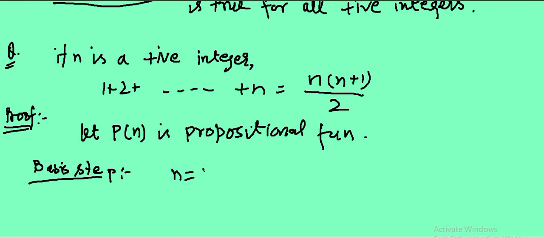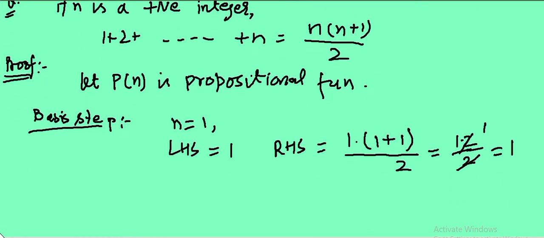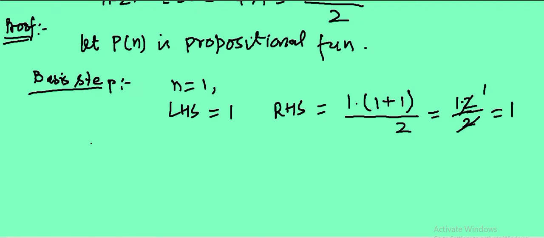For n equal to 1, in this series up to n, the LHS will be 1, and the RHS, putting n equal to 1, will be 1 into 1 plus 1 by 2, which is 1 into 2 by 2, which is 1. So this equation is true for P1, so we can say that P1 is true.